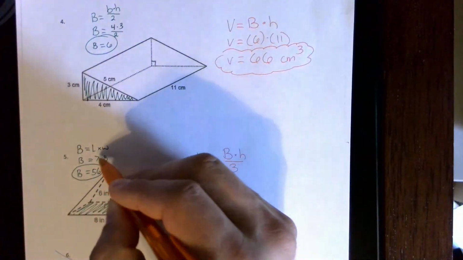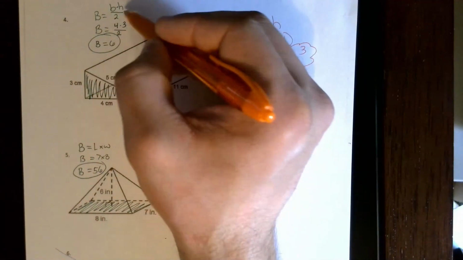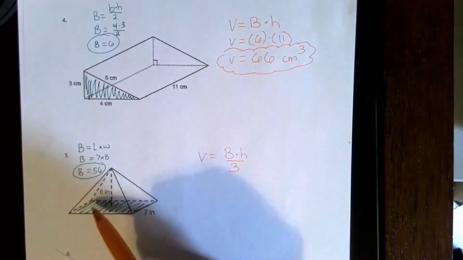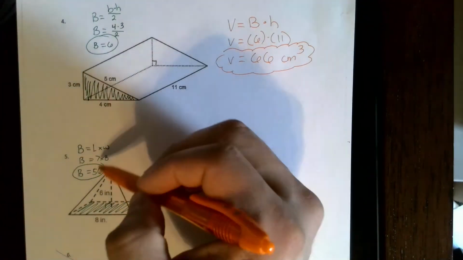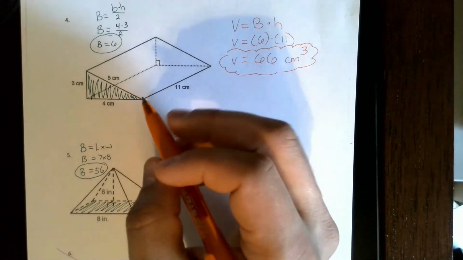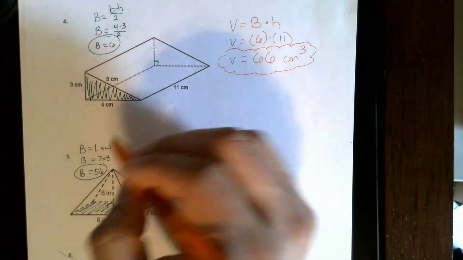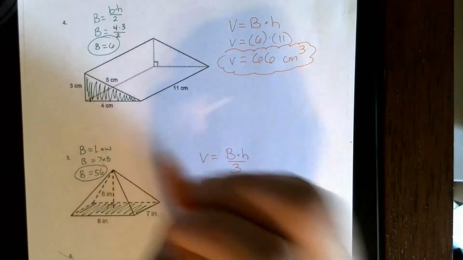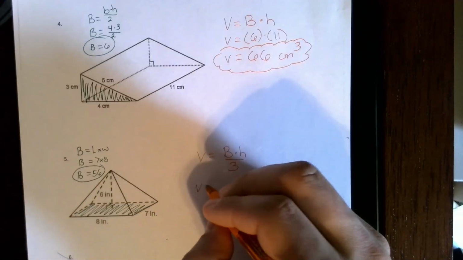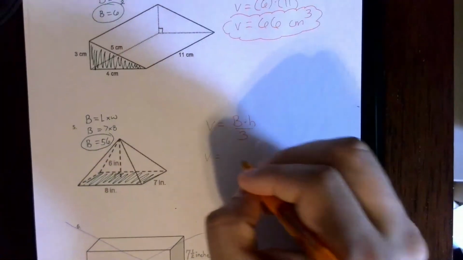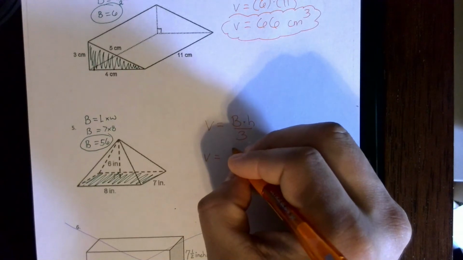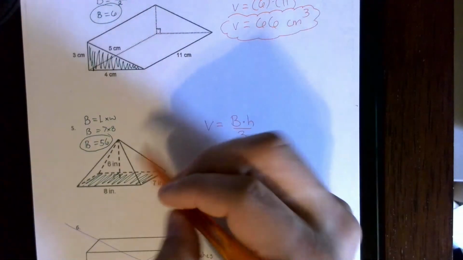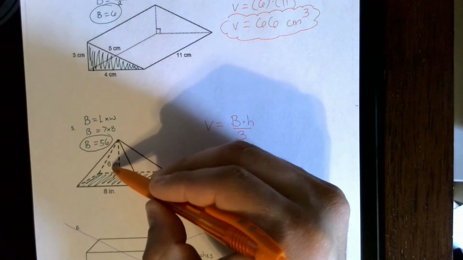Okay, number 5, the area of the base. It's not a triangle anymore, so it's not base times height divided by 2. This is a rectangle, 8 by 7, so it's base times height, or length times width if you want to call it that. 7 times 8 would be the 2 dimensions of our rectangle, which is 56. So now I'm able to plug in for capital B in my volume formula. I know the area of the base is 56. The height of my pyramid is 6.